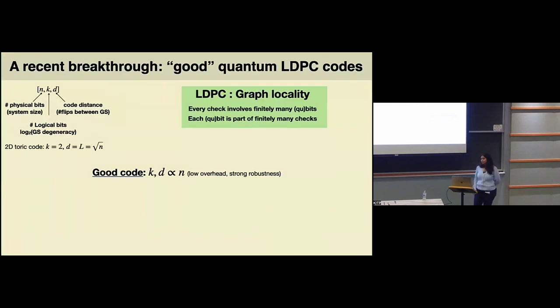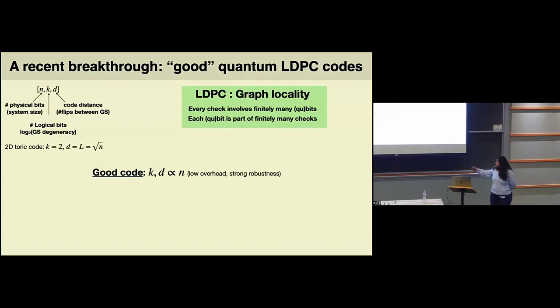So this is inspired by this new family of codes, so-called good quantum LDPC codes. Okay, you've heard a lot about LDPC codes, so I'll be very brief. LDPC just means low density parity check. These codes are finite connectivity models, which just means that every bit or qubit is acted upon by finitely many checks, and every check is only part of finitely many bits or qubits.